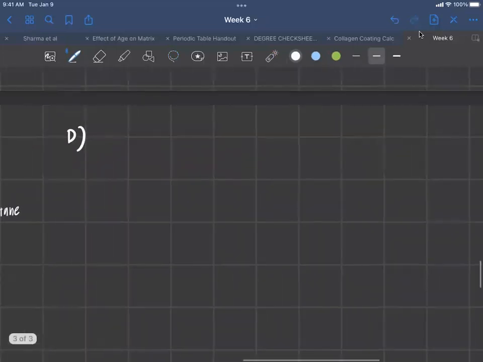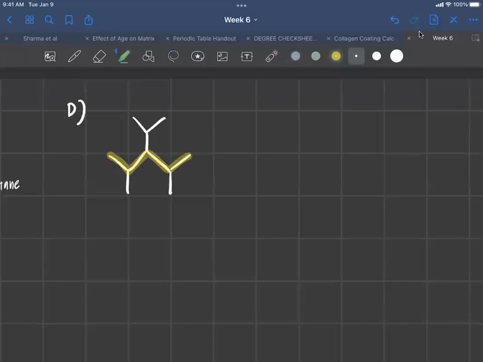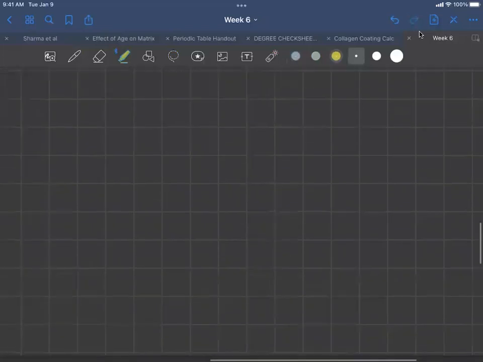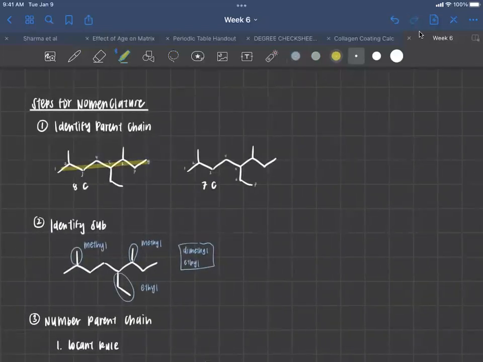Okay, example D. I believe most discussion classes got this one wrong. I'll try to explain maybe some of the mistakes that were made. So again, a lot of students thought this branch here, or this portion of the molecule here, was our parent chain, because the way I explained identifying the parent chain, this happened to be linear as well.